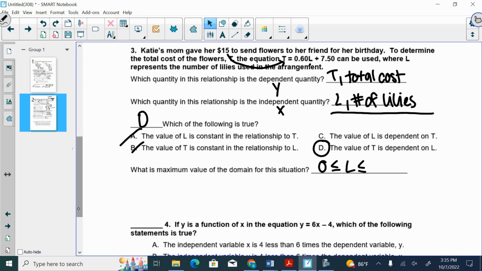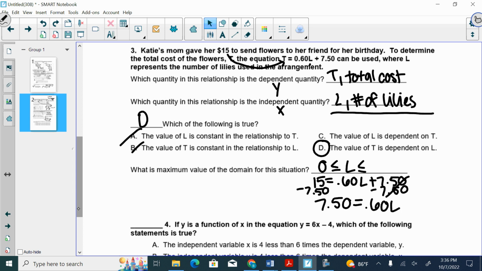So I should have 15 is equal to 0.60 L plus 750. All right, so what do I do first? Subtract. What is 15 minus 750? 750. So I have 750 equals 0.60 L.